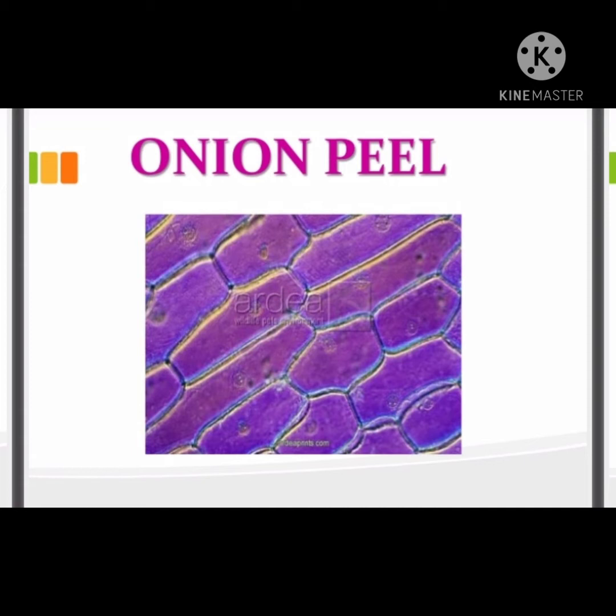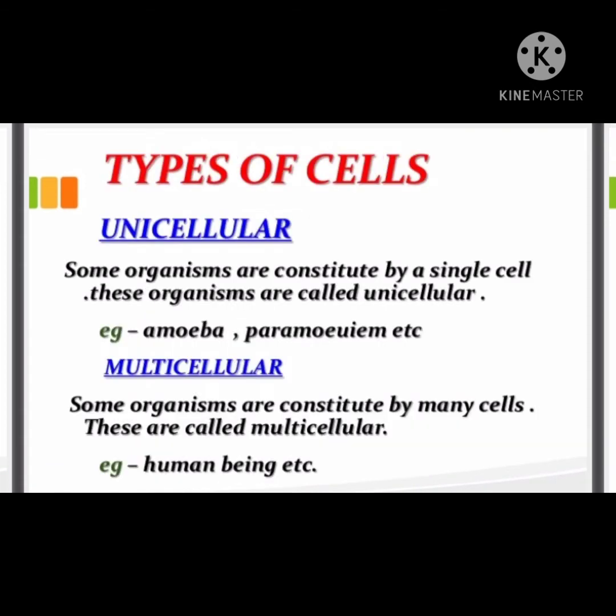As an introduction, we have to study something about the number, size and shape of the cell. First of all, the number of cells. All living organisms are composed of one or more cells. Accordingly, they are grouped into two categories. What are they? Unicellular organisms and multicellular organisms. So, what is a unicellular organism?